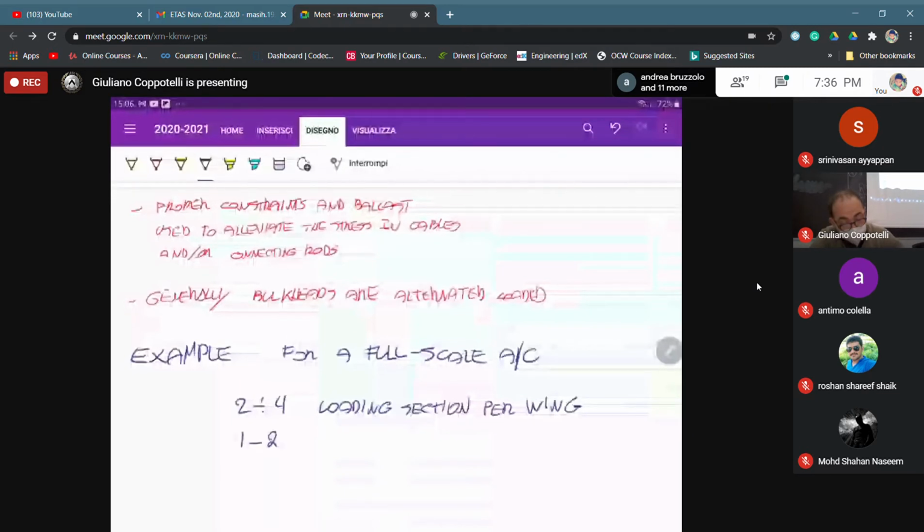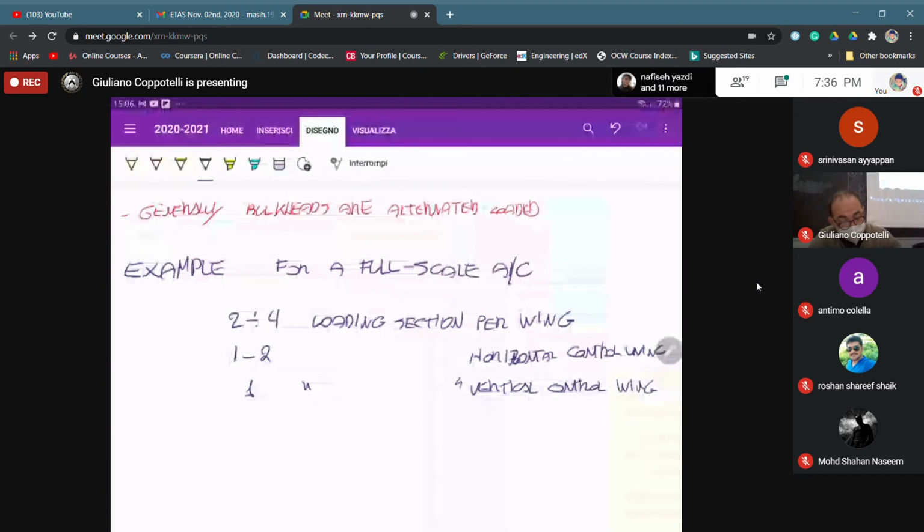We have about 2 loading sections for horizontal control wing. 1 loading section for vertical control wing.